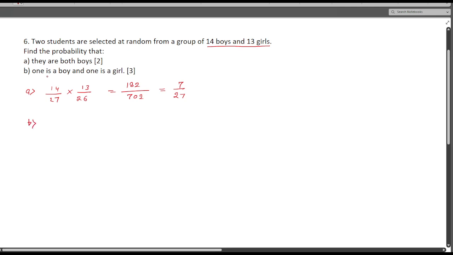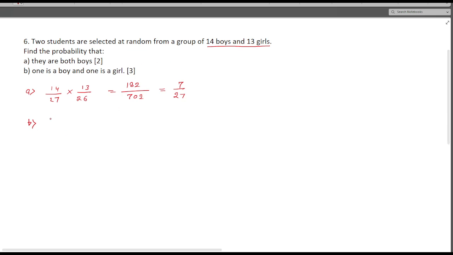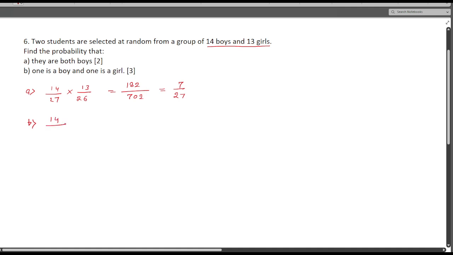Part B is one is a boy and one is a girl. So one is a boy and one is a girl. If your first student is a boy, its possibility is 14 divided by 27. When the second is a girl, it is 13 divided by 26. Or you have the first student as a girl, which is 13 divided by 27, and the second is a boy, which is 14 divided by 26.